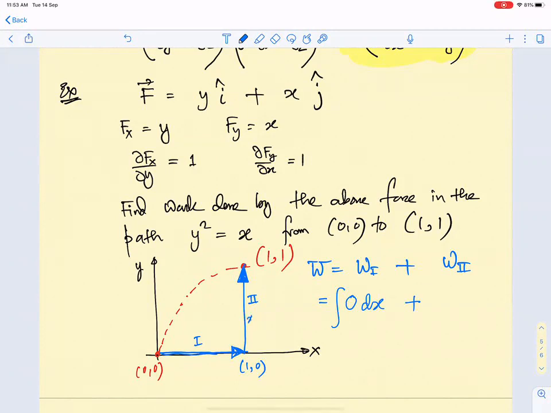Path 1 has equation y equal to 0. Path 2 has equation x equal to 1. So it is integral of fy, that is 1 times dy from 0 to 1. So anyway, it's 1 joule. Therefore the work done is equal to 1 joule.